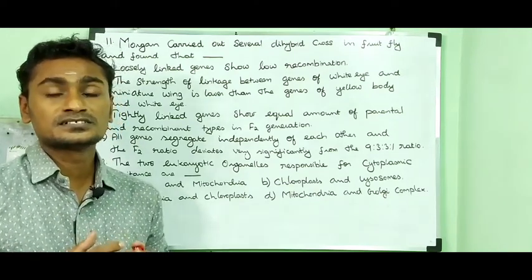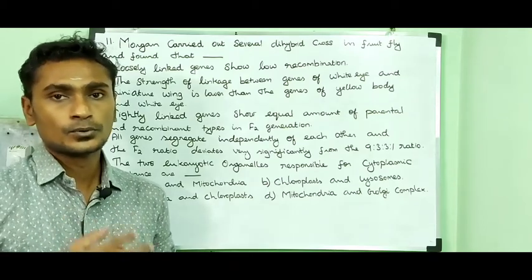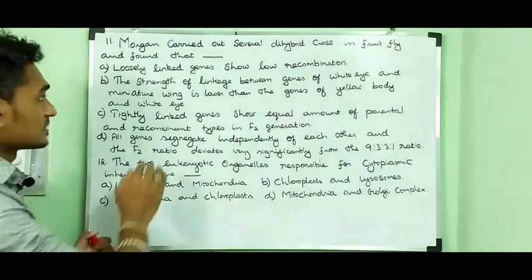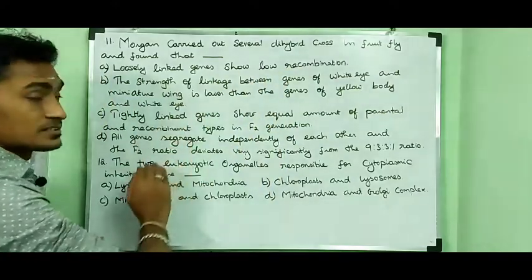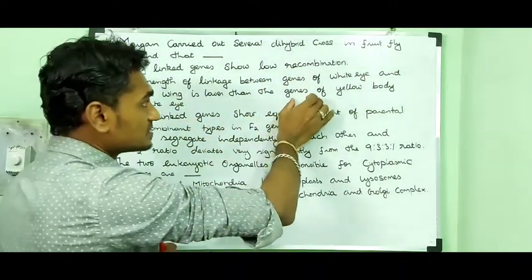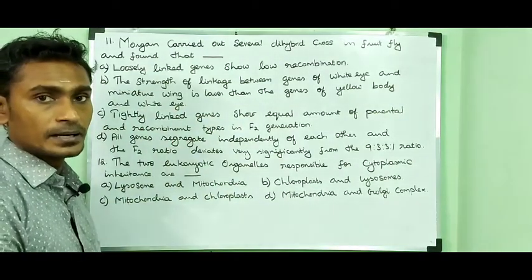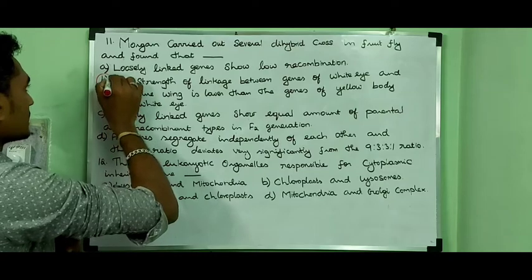In cases like crossing over, the parental combinations are low. So option B is the right answer: the strength of linkage between genes of white eye and miniature wing is lower than that of yellow body and white eye.